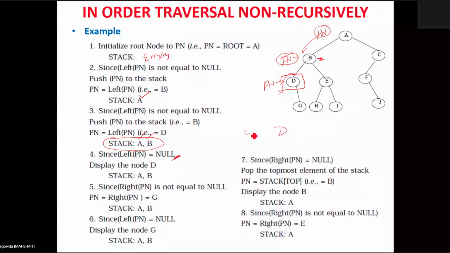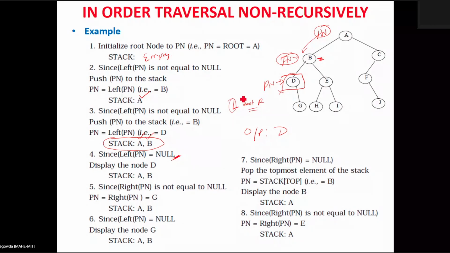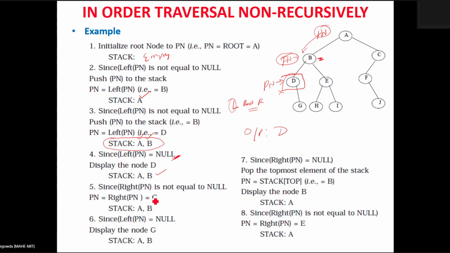So D will be the output, because this is the order of visiting the nodes in the inorder method: left followed by root followed by right. This doesn't have a left child, so there is no left value to display, then the root value will be displayed. Now D will be outputted. Now your stack has the values A and B.